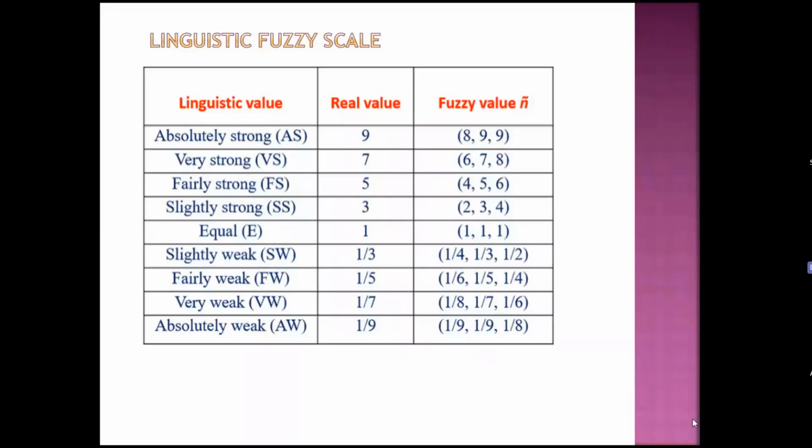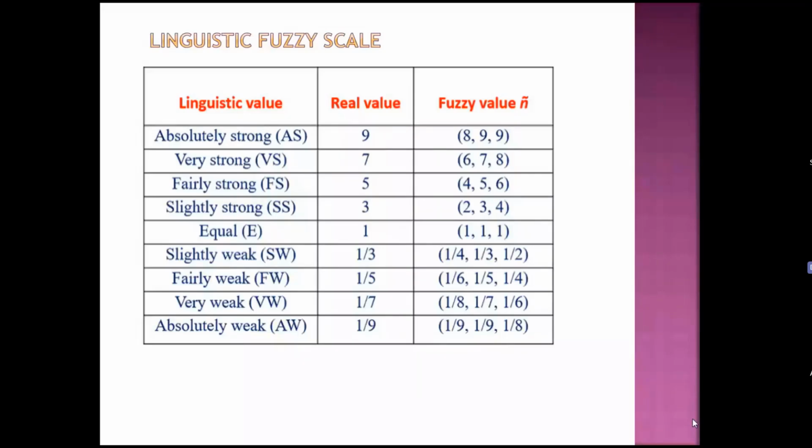In very strong, we can see that there is 7. Then fairly strong has a real value of 5, and in slightly strong there is a value of 3. If both pairwise comparison factors have equal importance, then we say it has equal importance for both factors.